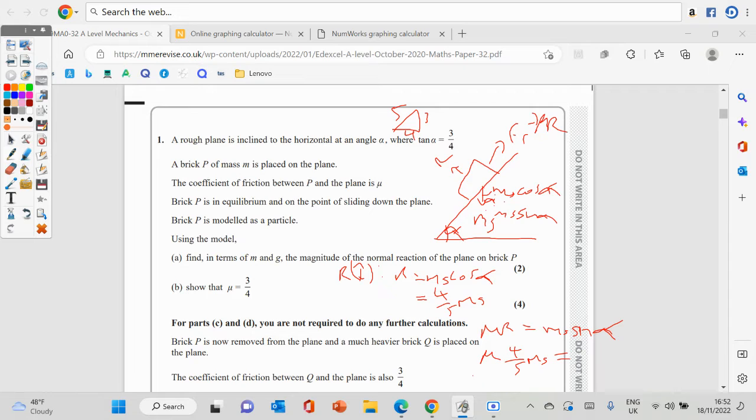That's got to be equal to the right hand side, which is mg times sin alpha. Now sin alpha we know is 3/5, so it's literally mu times 5/4 multiplied by 3/5. So that 5 will cancel, leaving you with 3/4 as required.